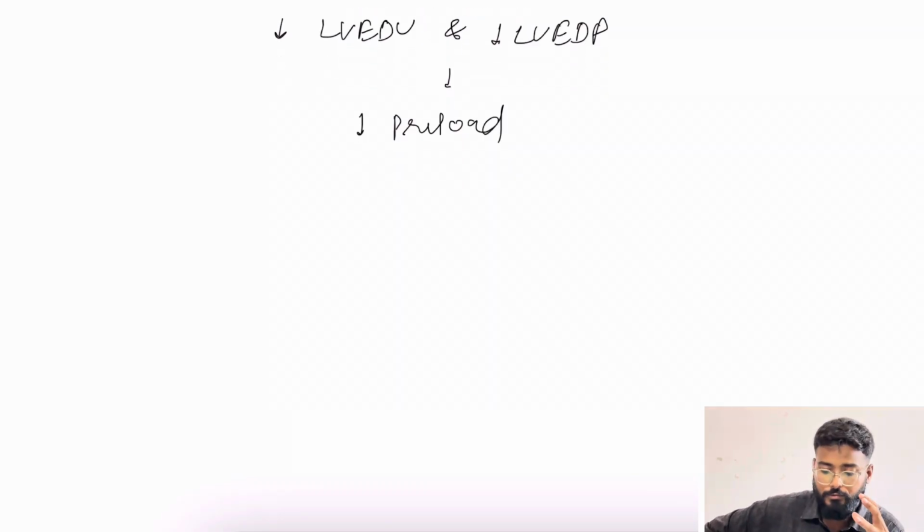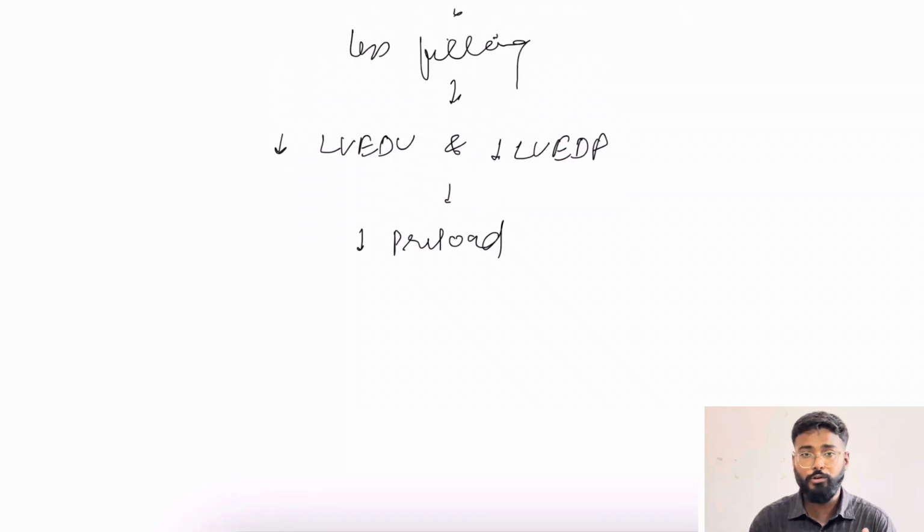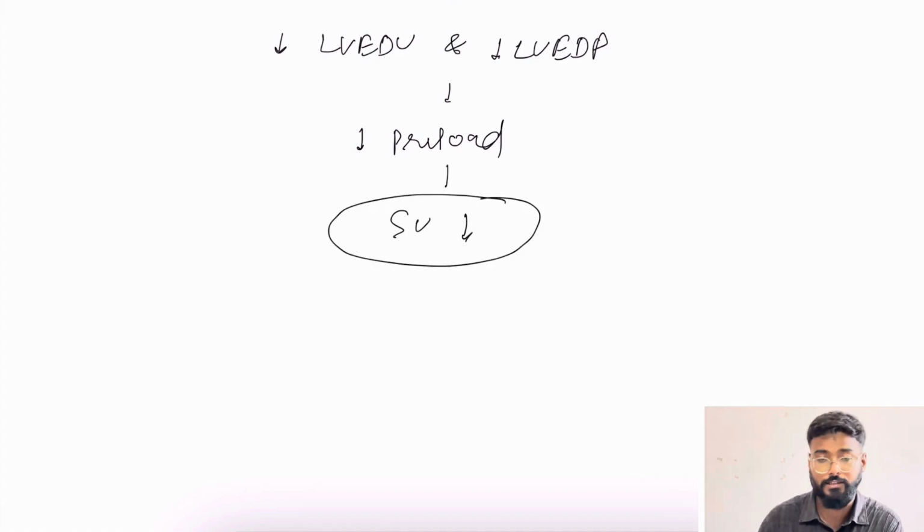This will in turn decrease the stroke volume. Why? Because earlier there was more blood inside the heart to pump, but now diastole has shortened and the filling is less. So there is less blood inside the ventricles now. If there is less blood, the heart is going to pump less blood. So in turn, the stroke volume is going to decrease.